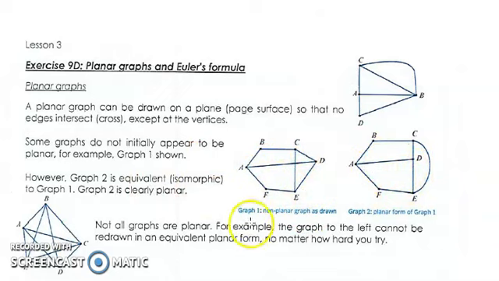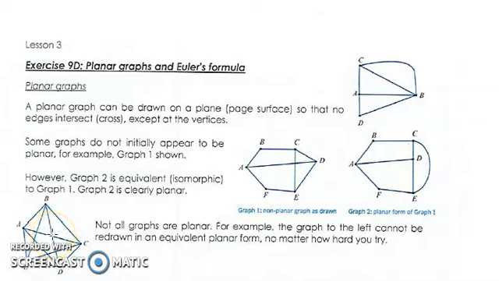Now, not all graphs are planar. If we take this example here, the graph to the left, it cannot be redrawn in an equivalent planar form no matter how hard you try. This example here is pretty obvious, but for these examples here, you can't redraw them in a planar form either.